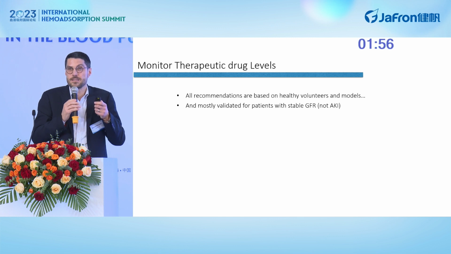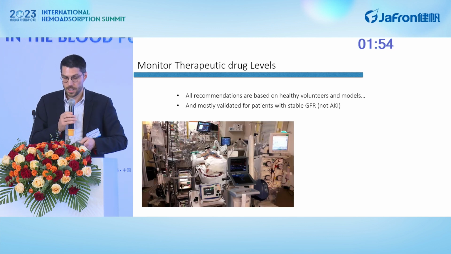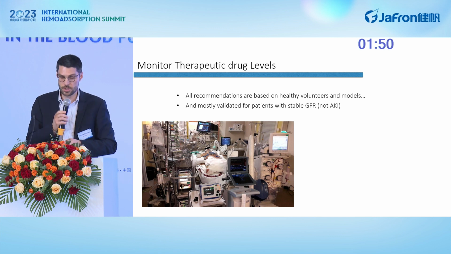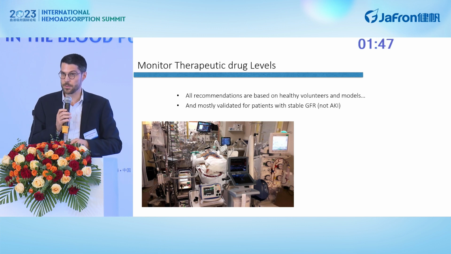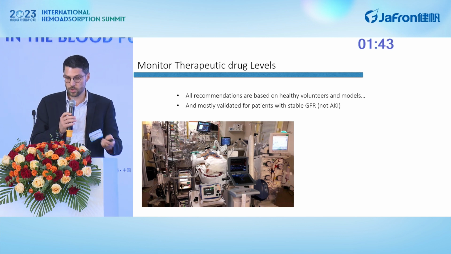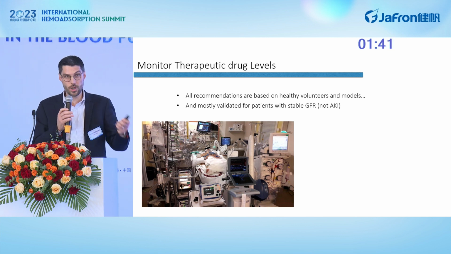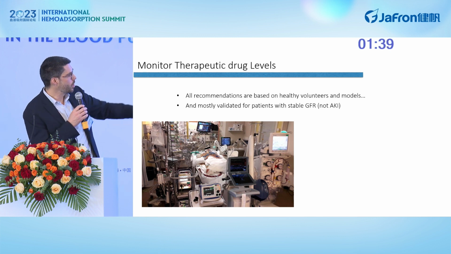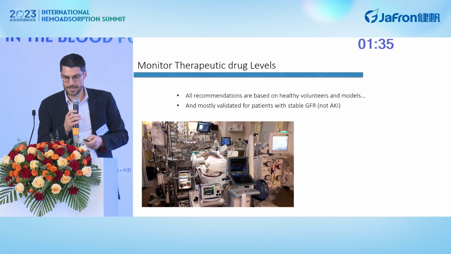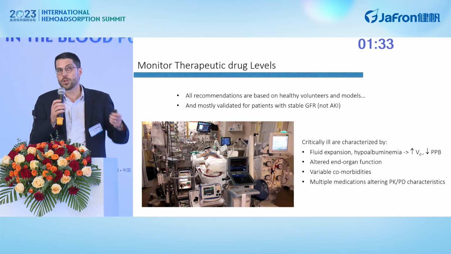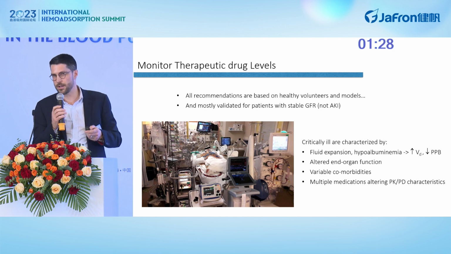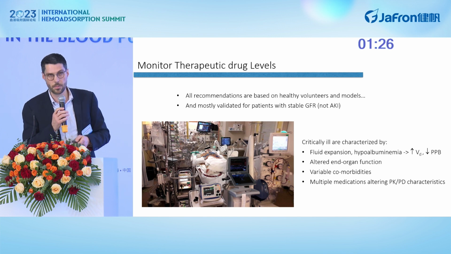So this is all very complicated. We all have booklets in our institutions with recommendations which are, remember, based on healthy volunteers and models that are validated in patients who do not have AKI and who do not have this kind of equipment. And in these patients, there are lots of parameters that make the administration and the choice of medication extremely complicated.